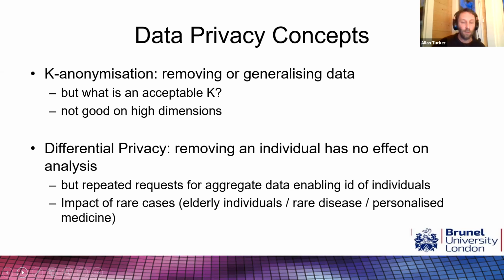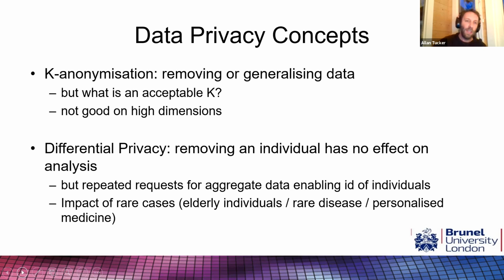There is a trade-off, which I'll try and talk about a bit later on in this presentation. The things that lots of machine learning people are interested in doing, and you've all heard it, is personalized medicine. Now, personalized medicine is about focusing on very specific, smaller numbers and smaller cohorts of individuals, and by definition, that's a riskier thing to do if that's the data we need, more easily identifiable.